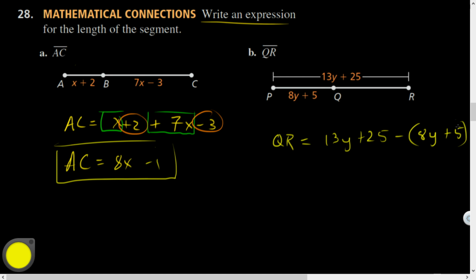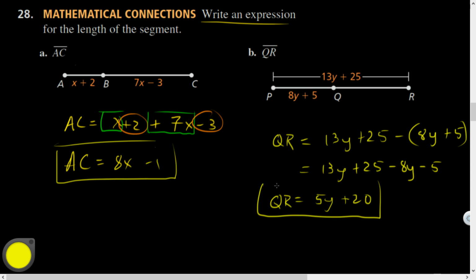This minus sign is going to be distributed to that 5. That's a very common place for error. So 13y plus 25 minus 8y minus 5. And I'll get QR is equal to 13y minus 8y is 5y, and 25 minus 5 is 20. Any disagreement?